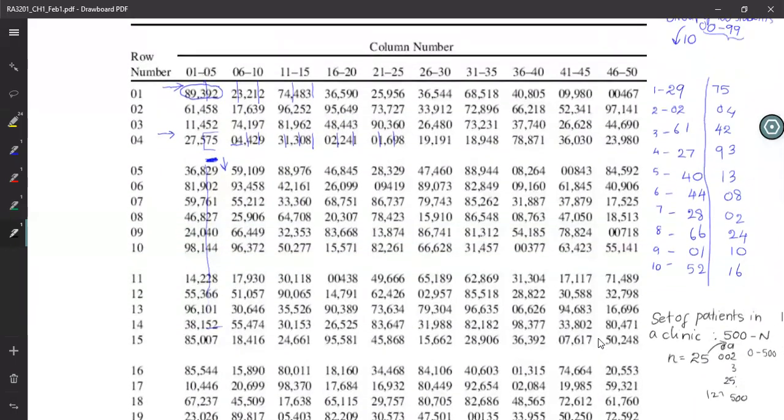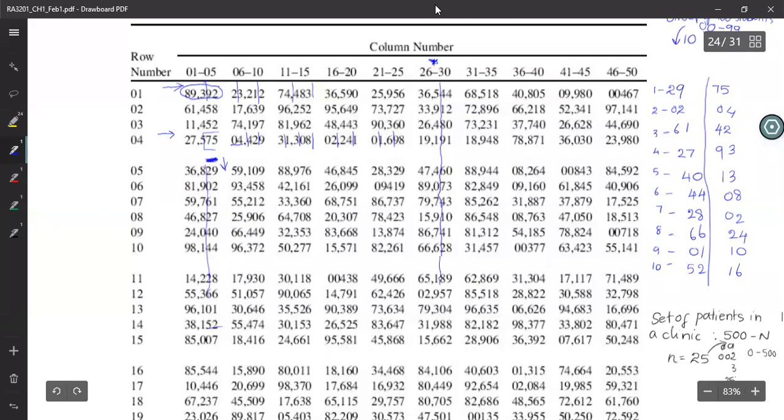Now, let's pick a starting point. Where shall we start? Okay, so let's start from the 26 to 30 column, this column. I'm going to start from the last 3 digits. If you want, you can start with the first 3 digits, that's also okay. Okay, let's start with the first 3 digits and go down.